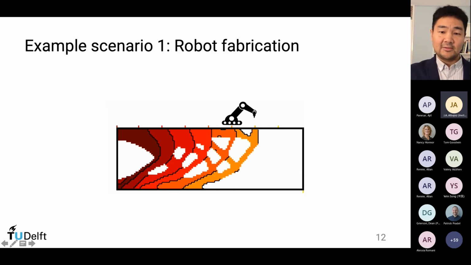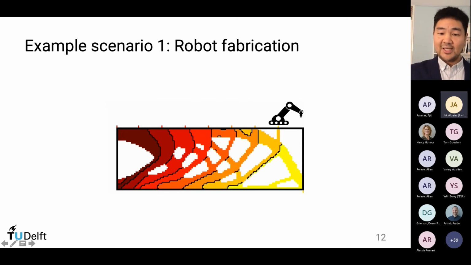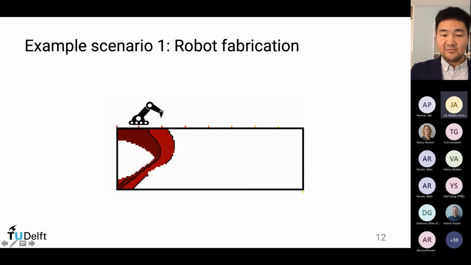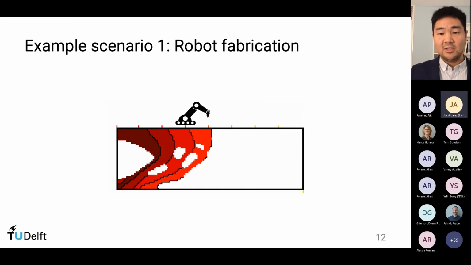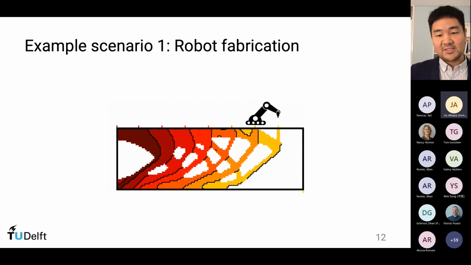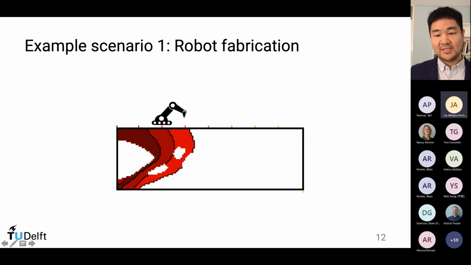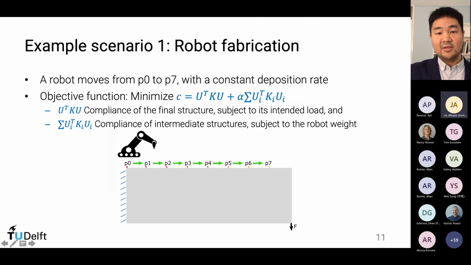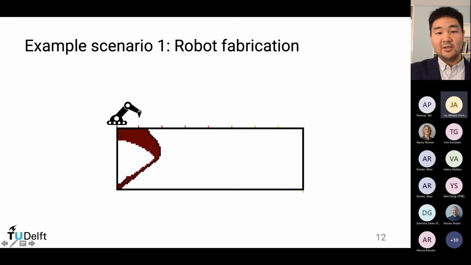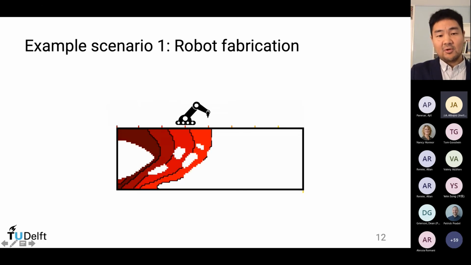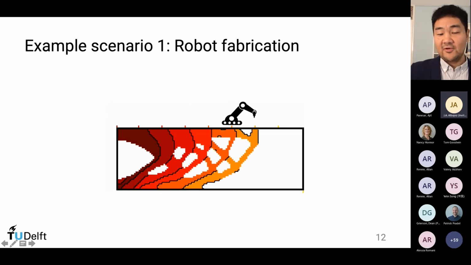So here, the robot is moving on the top. To the end, you see a structure, the cantilever beam, to some extent similar to standard topology optimization. This is because in the objective function, we minimize the compliance of the entire structure. But also interesting, you can see the robot always prepares for its next move.